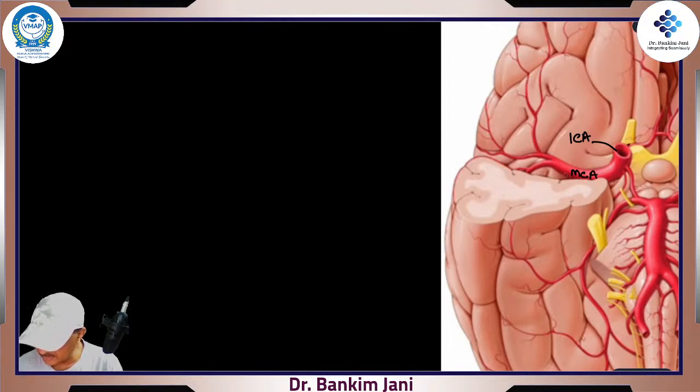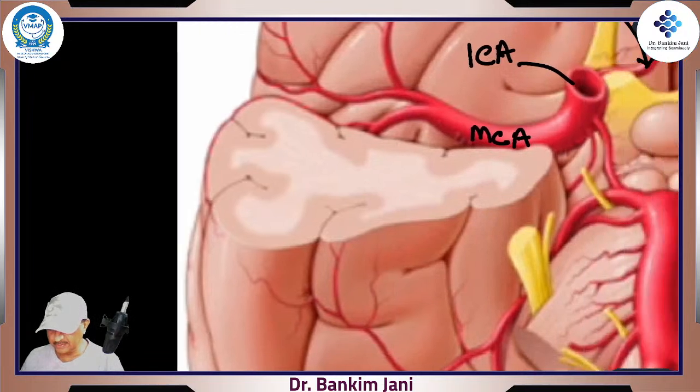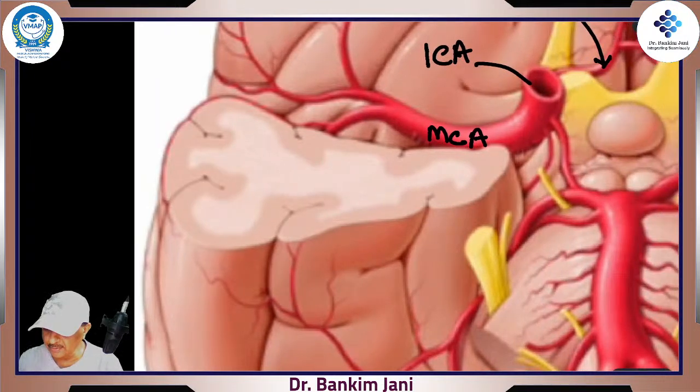Then this artery which is going like this, I remove this one, this one is the anterior cerebral artery. Can you see a small artery which is connecting both the sides? This artery is the anterior communicating artery.